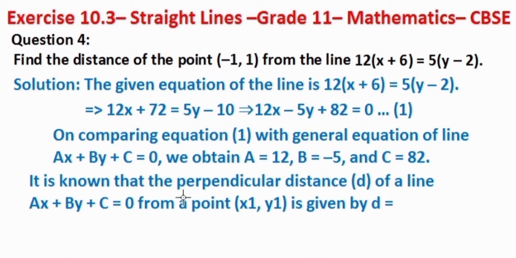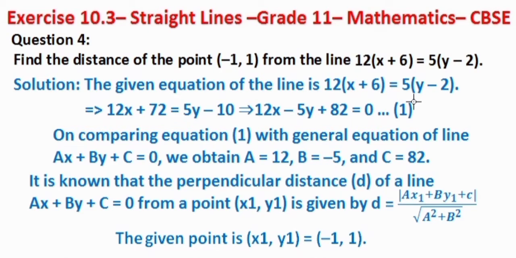Isn't it? Then it is known that the perpendicular distance d of a line ax plus by plus c is equal to 0 from a point x1, y1 is given by d is equal to, there is a formula, right? Modulus of ax1 plus by1 plus c whole divided by square root of a square plus b square. This is the formula. Here x1, y1 is -1 and 1.